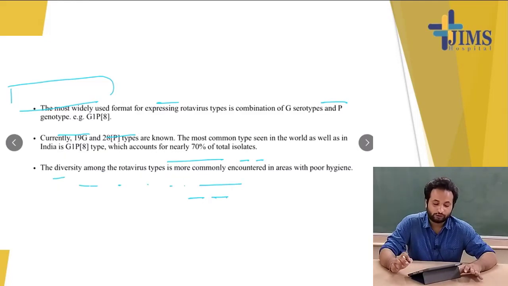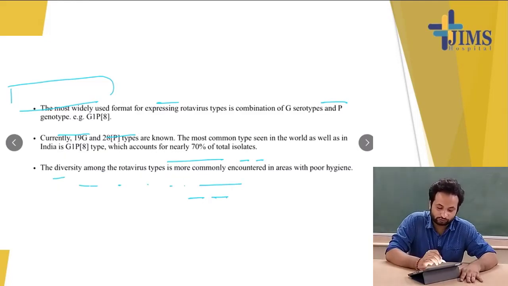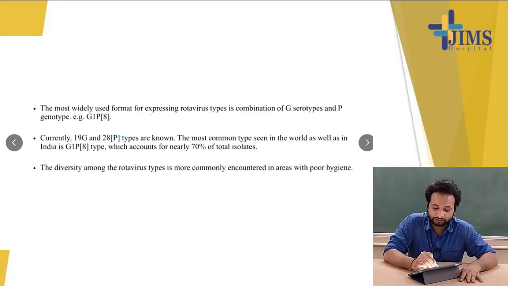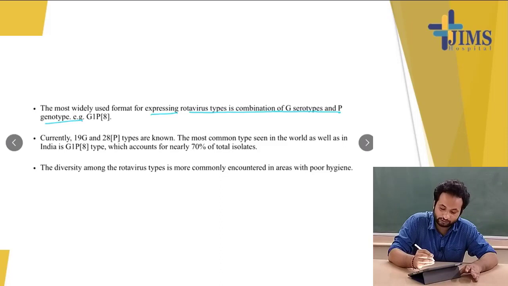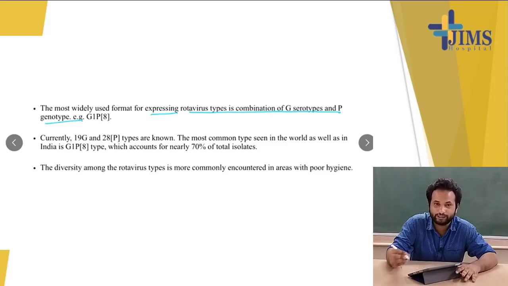The most widely used format for expressing rotavirus type is the combination of G serotype and P type. So if you want to express the rotavirus type, you would say it is, for example, G1P[8] type.